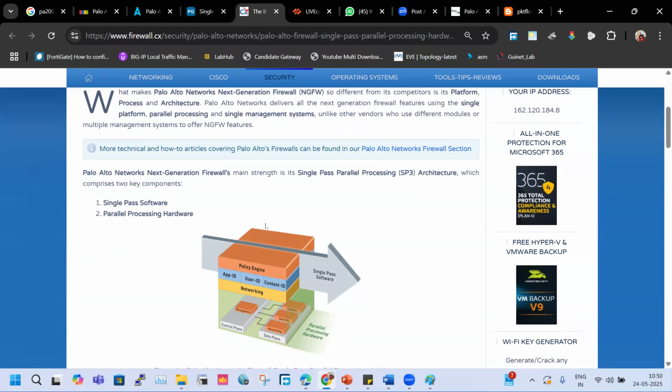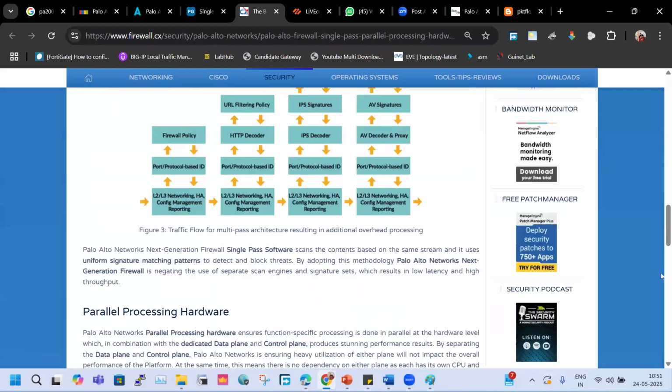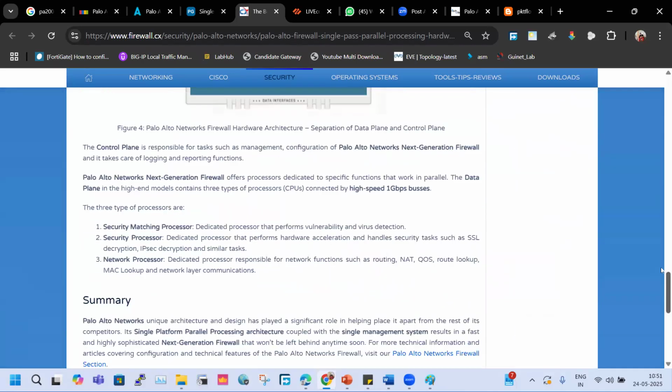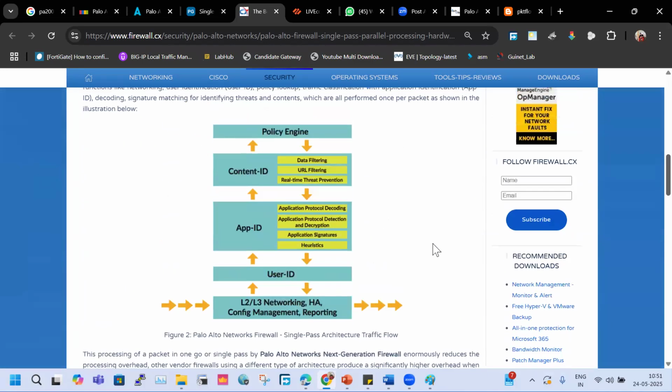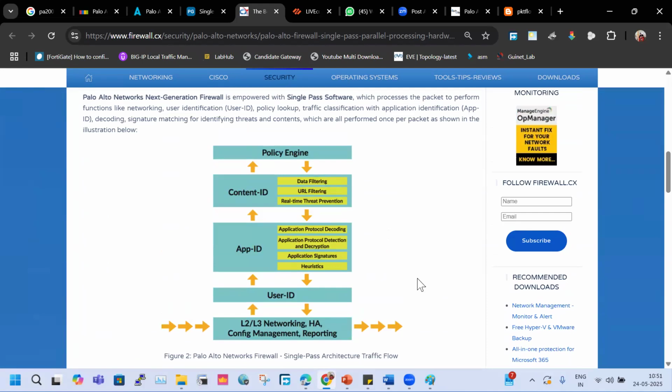It makes a difference from other next generation firewalls as well, and it became more popular in firewall technologies. So this is the single pass parallel processing architecture available with the Palo Alto firewall, right?